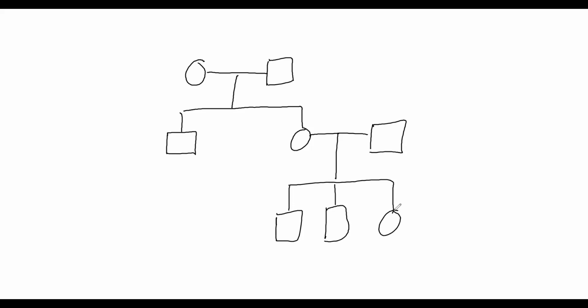Okay, this is a very simple one, and let's start marking affected versus non-affected individuals. Remember, females are circles, males are squares, and affected individuals are colored in. So let's look at this.